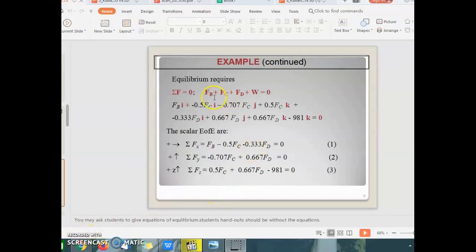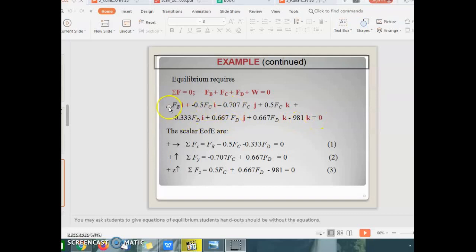So after you get all the forces in Cartesian vector form, sum up all the forces here, so it becomes like this. Just list all the forces here, and if you still remember, if the system is in an equilibrium condition, then the summation of all the forces is equal to 0.